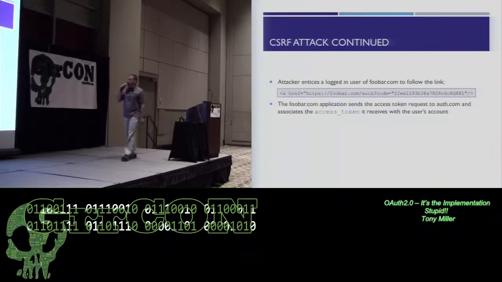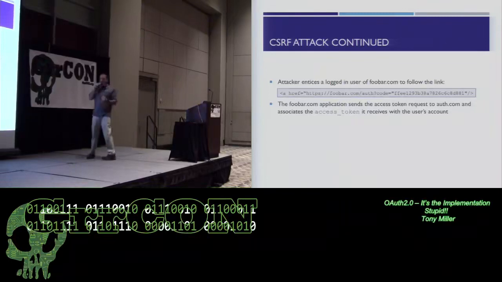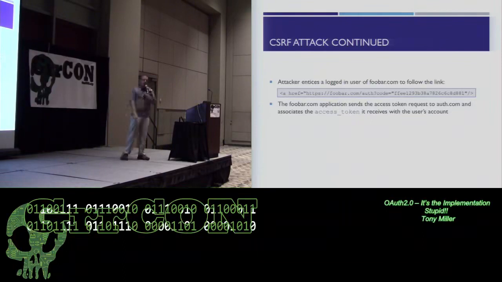Rather, the client takes that auth code, and it's going to go back to the authorization server and say, hey, I got this authorization code. Can I get an access token for that? Well, yeah. Auth says, sure, that's valid, hands them back their access token, and now what we've got is foobar.com just associated that user's account with the attacker's account on auth.com.